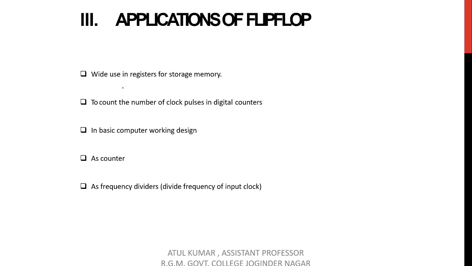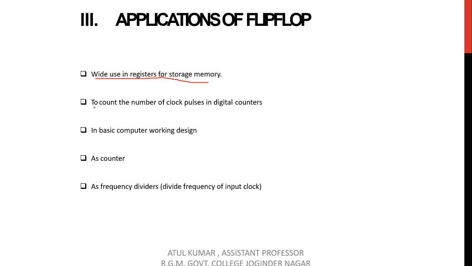So next, what are the different applications of flip flops? As we have seen, flip flops are mainly used for storage. They are very widely used as storage memory in registers.